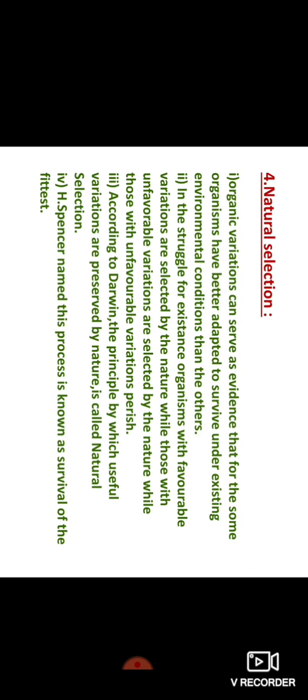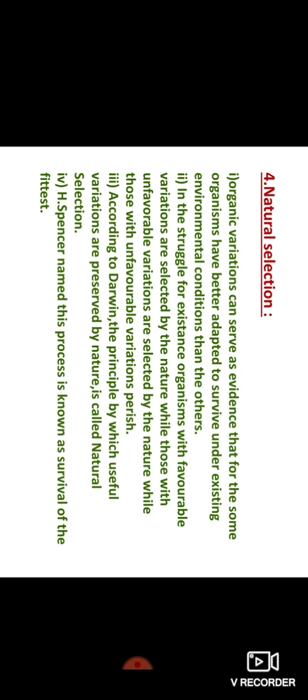Natural selection. Organic variation serves as evidence that some organisms are better adapted to survive under existing environmental conditions than others. In the struggle for existence, organisms with favorable variations are selected by nature, while those with unfavorable variations are eliminated. According to Darwin, the principle by which useful variations are preserved by nature is called natural selection.